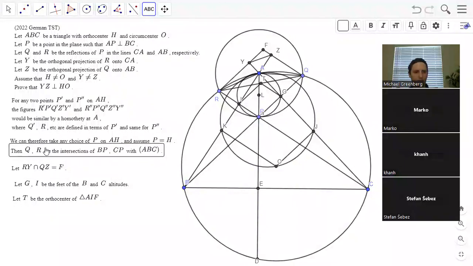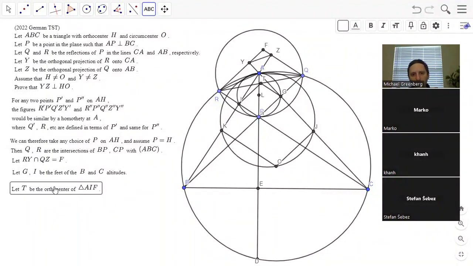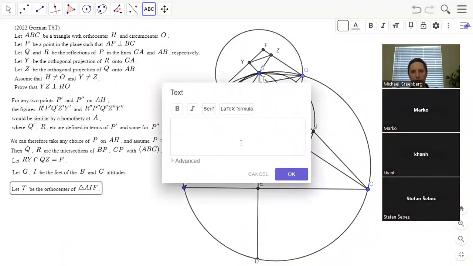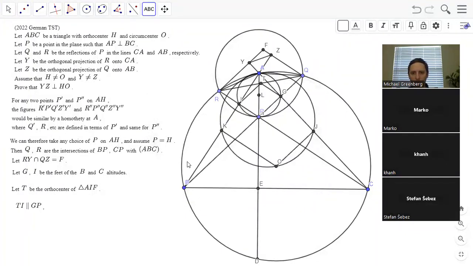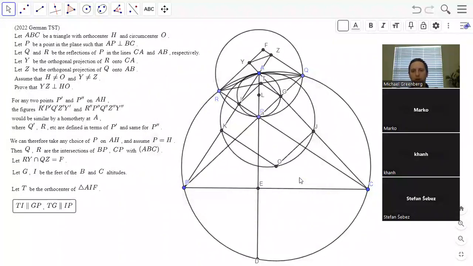So, okay. TI is parallel to GP, and TG is parallel to IP. And that implies T is the midpoint of QR.